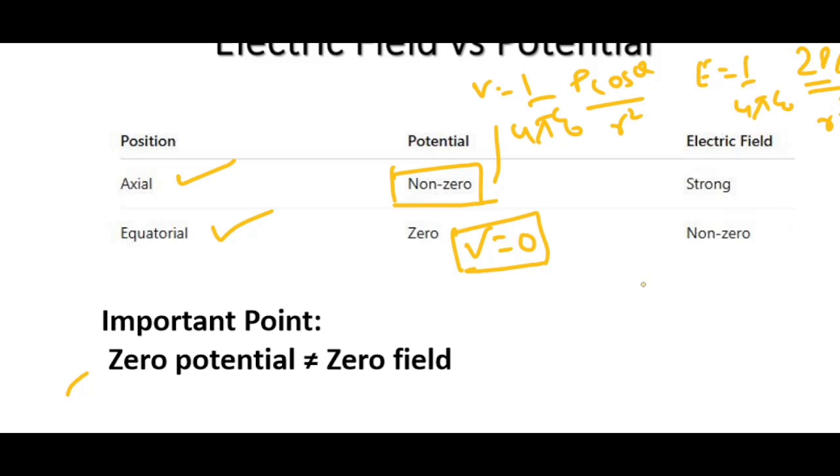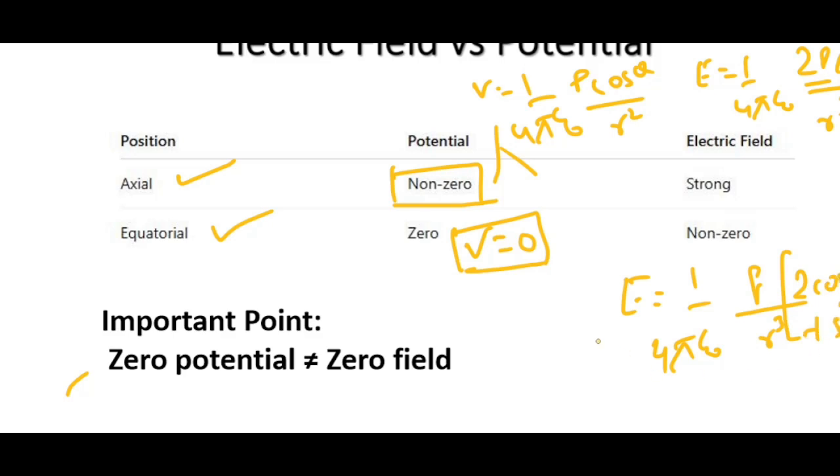Actually, the formula is E is equal to 1 upon 4 pi epsilon naught, P upon r cube, sorry, it is only P upon r cube, and in the bracket it comes over here as 2 cos theta i cap plus sin theta j cap.